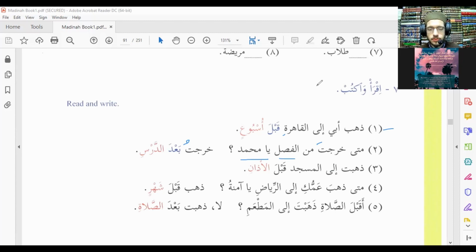Yep. مفعول. Good. Okay, where's the fi'l? ذهب. Good. Where's the fa'il? أبي. Yep. And then the maf'ul is, you see how this is a prepositional phrase. Prepositional phrase, إلى القاهرة قبل أسبوعين. And we got a nice little time stamp on there in the end. Okay, but this is the في محل المفعول.